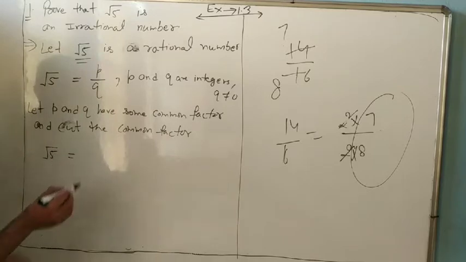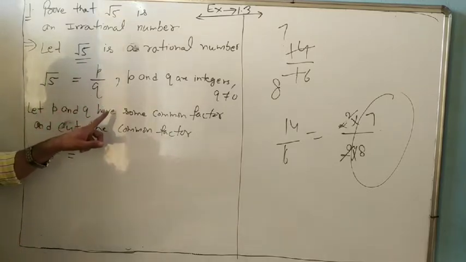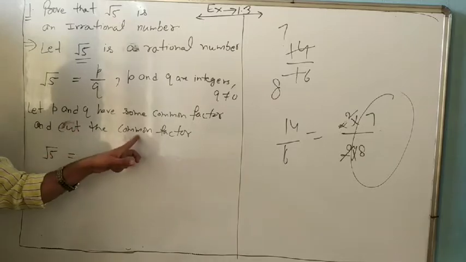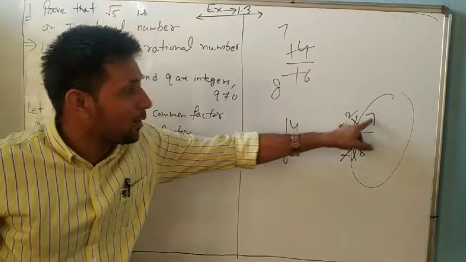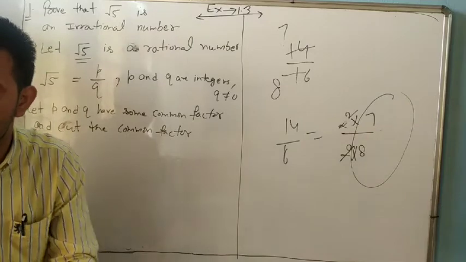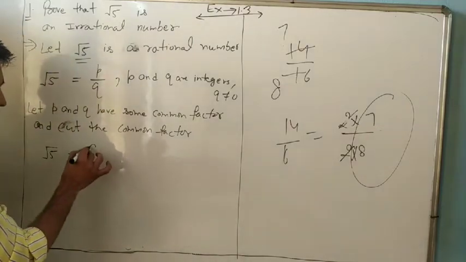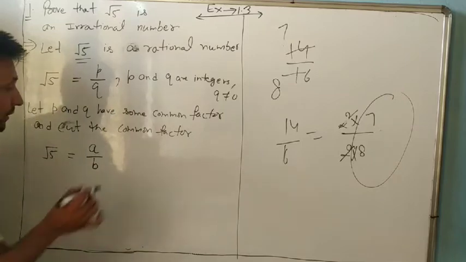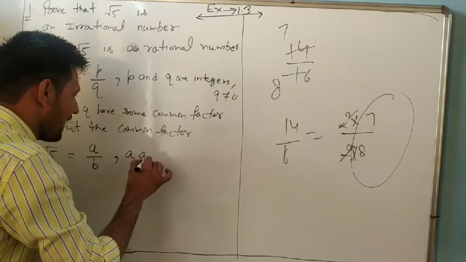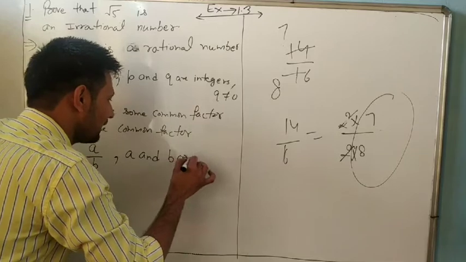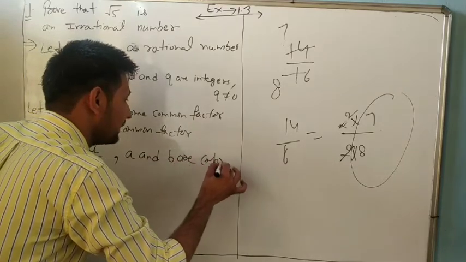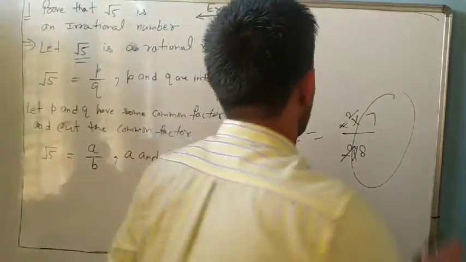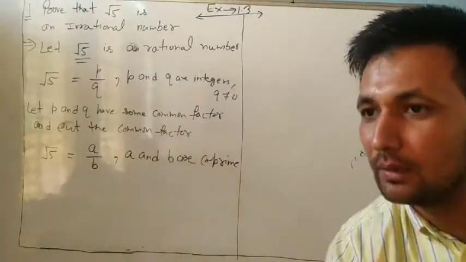P and Q had some common factor, and we have already cut the common factor. So now what type of numbers come? Co-prime numbers, or not? Suppose their names are A by B, where A and B are co-prime.